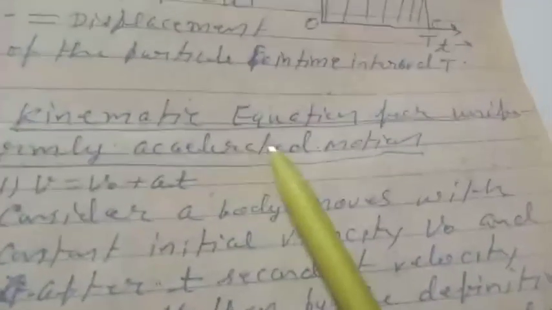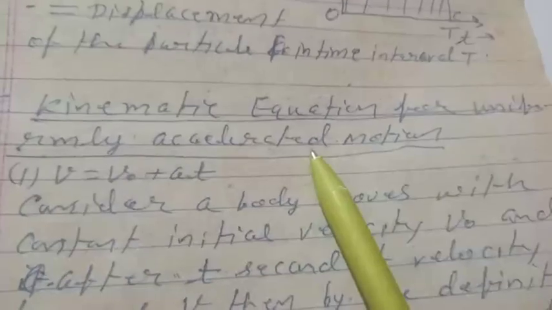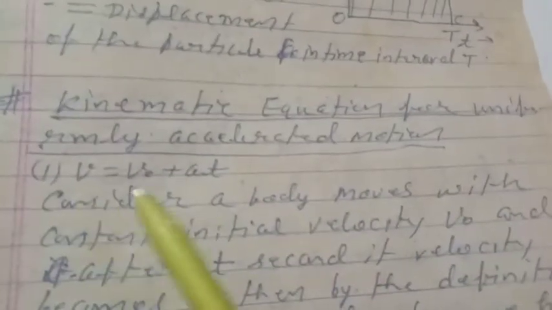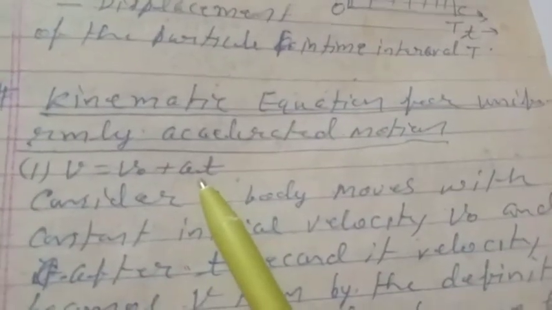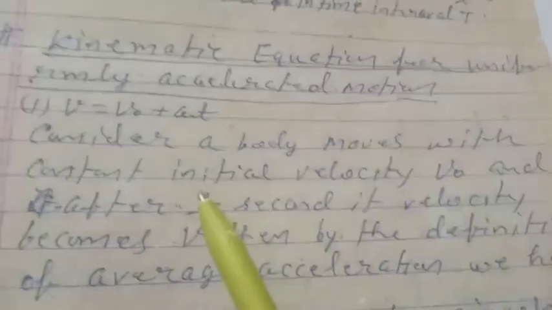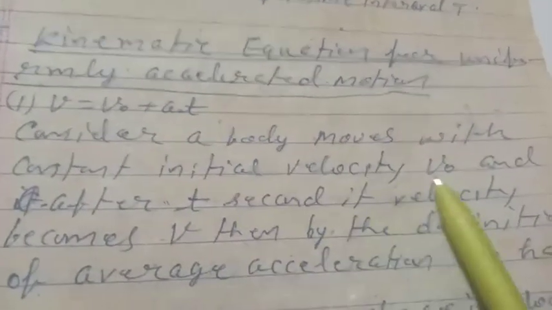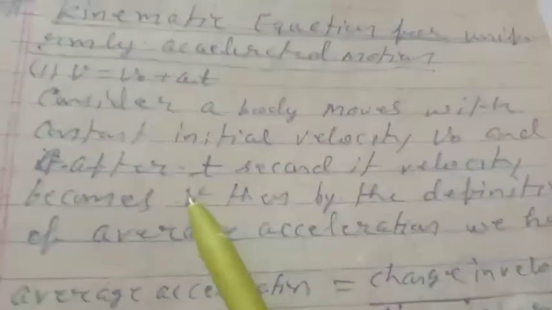Now the kinematic equations for uniformly accelerated motion. These are the equations: v equals v naught plus at. Consider a body moves with constant acceleration and initial velocity v naught, and after time t seconds its velocity becomes v.